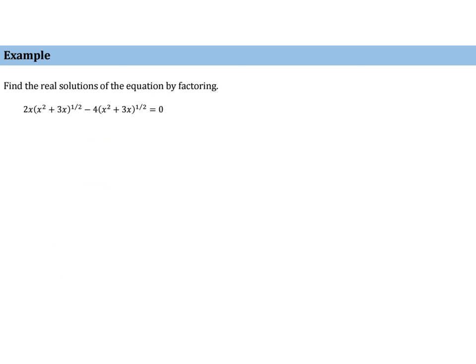Now here's a more complicated version of what we're doing. Here we have an equation, and if we look at trying to factor, notice x squared plus 3x to the 1/2 is common to both. So let's use that as our GCF. So it's common to both.